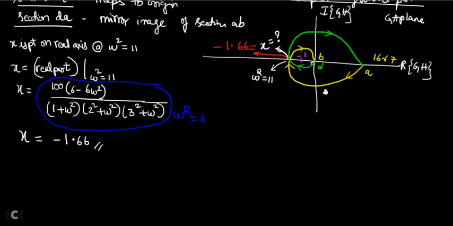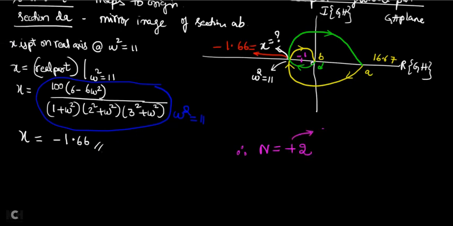Now both the circles are in clockwise. How many circles are there around minus 1? 2. Therefore capital N is equal to plus 2.